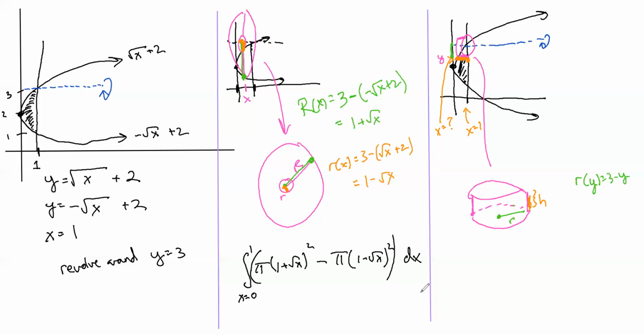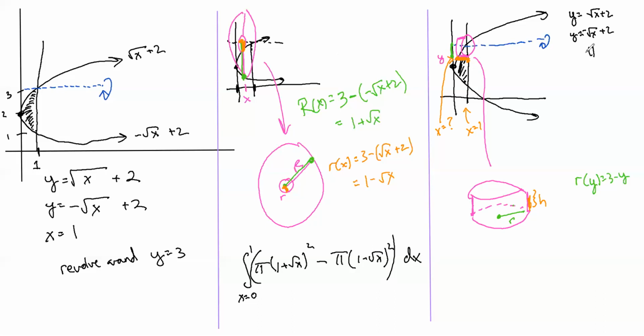And at the moment, it's written as y equals, I guess I'll just use my black pen here. At the moment, this is y equals root x plus 2 or y equals negative root x plus 2.